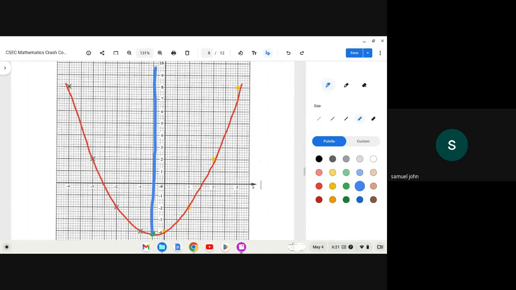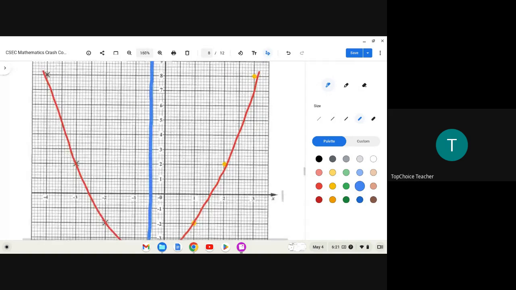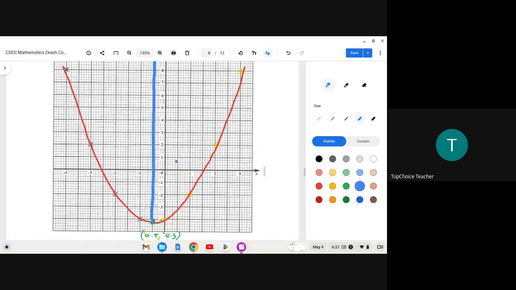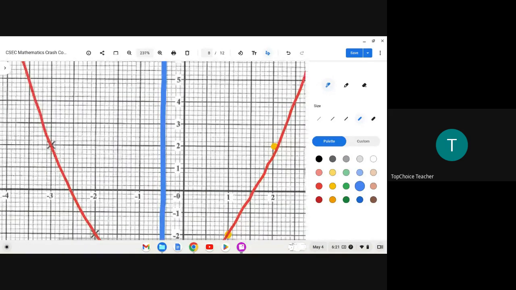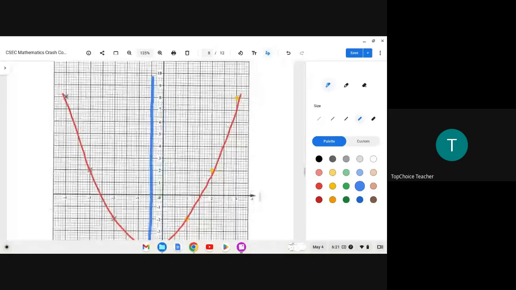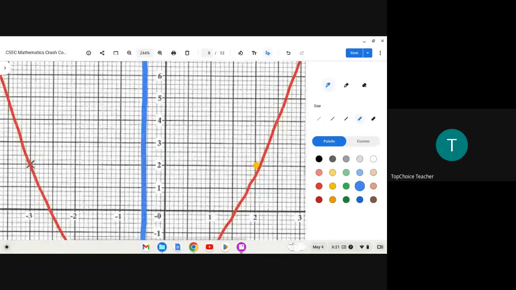So let me try my best to draw the axis of symmetry using this screen. So basically it will be the x coordinate. Not necessarily the x coordinate, because it's a line you are drawing. Remember, lines have equations. So I can actually ask you all, this line that I drew here, what is the equation of this line? If this line could go on forever up and down, what would be the equation of this line?